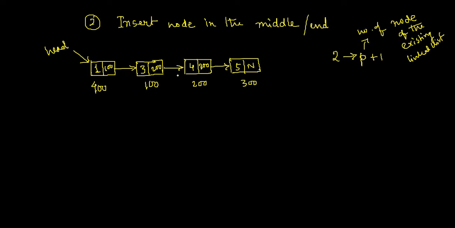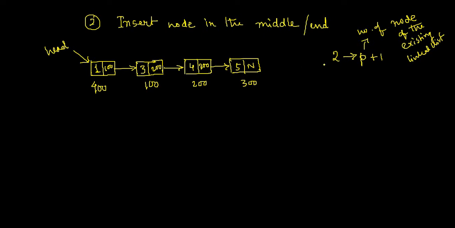I have 4 nodes. So in case of inserting something in the middle or end, position 2 is valid. Position 2 means in between 1 and 2. Position 3 means in between 2 and 3.